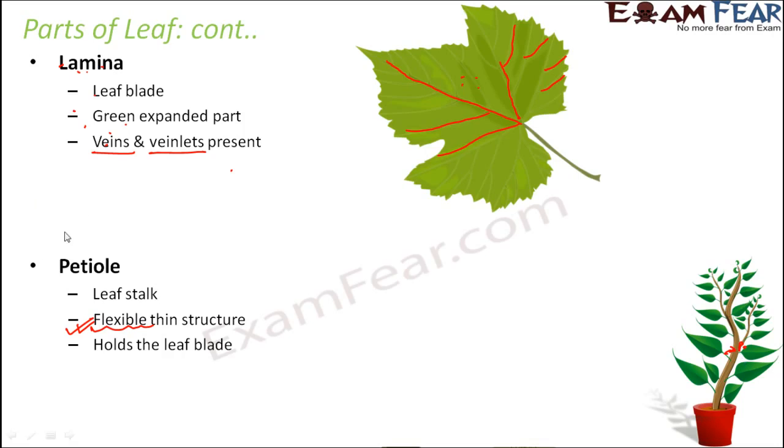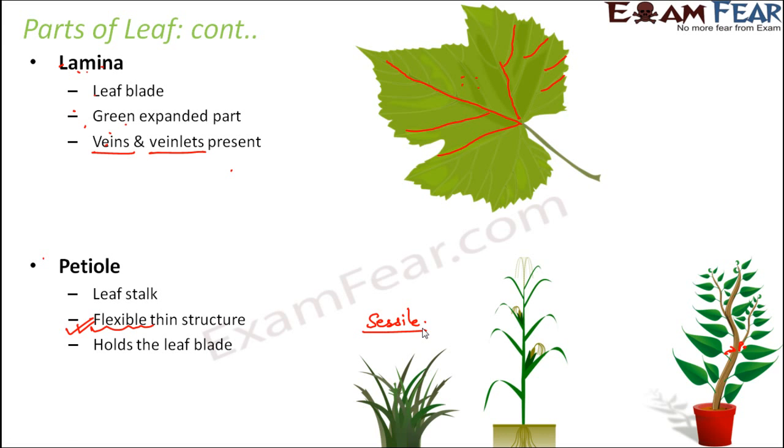Now, there are basically two types of leaves. One type of leaf is sessile and the other one is petiolate. Now I am very sure that the names are self-explanatory.